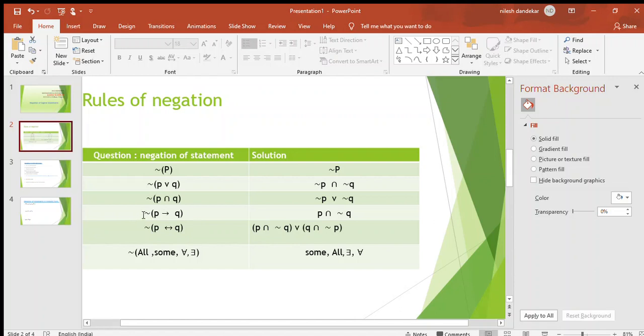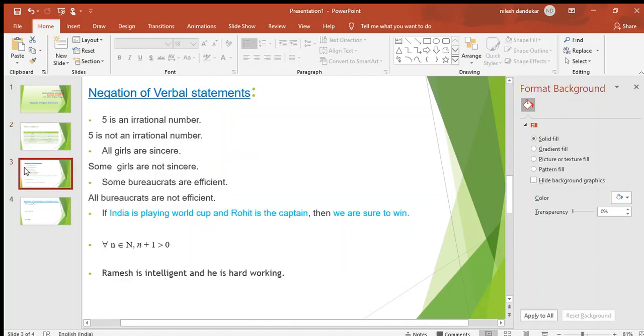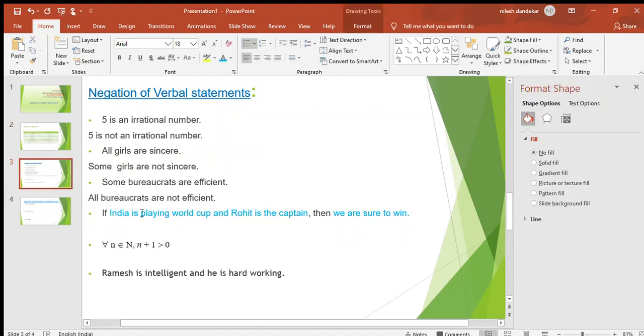The negation of if then states that keep the first part as it is and do the opposite of the second. So keep the first part as it is, and the opposite of the other.